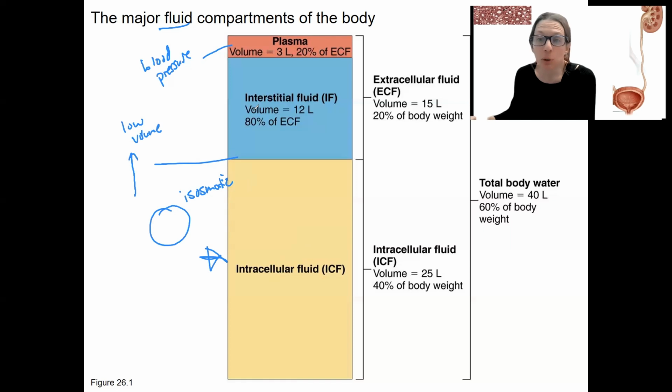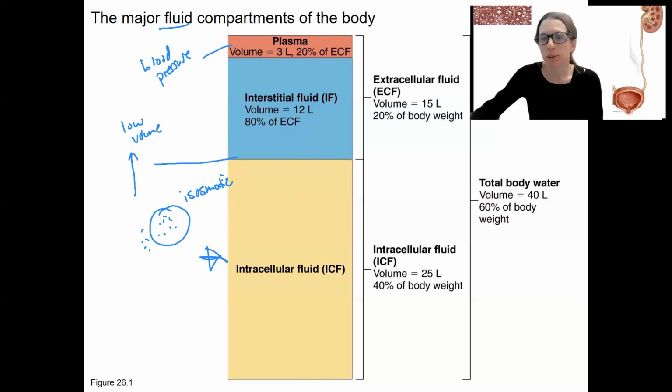So in addition to fluid, we also have to think about electrolytes. So having enough stuff inside compared to outside so that osmolarity is equal. Osmolarity is all the solutes, and it's made up of many different components.